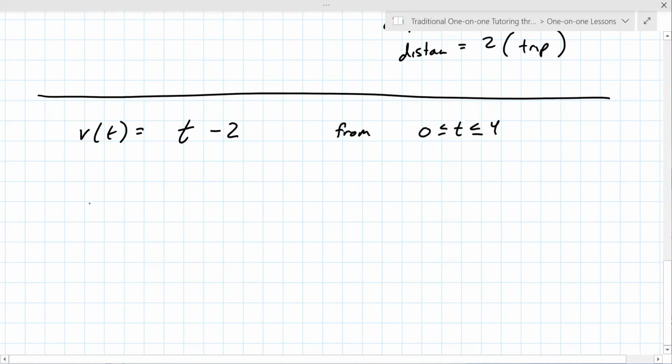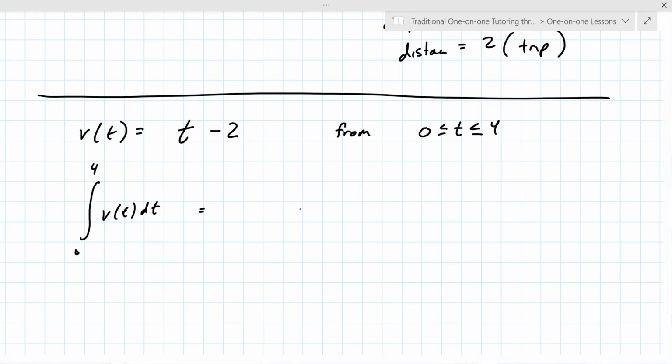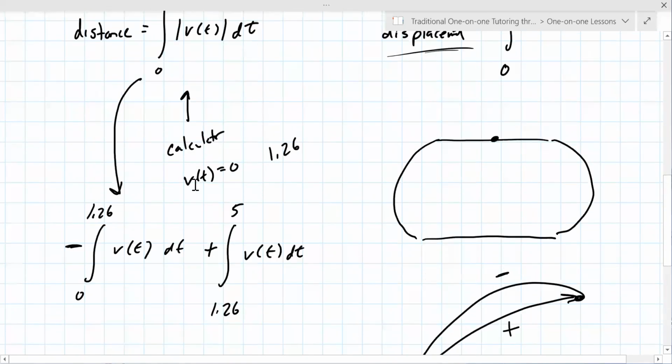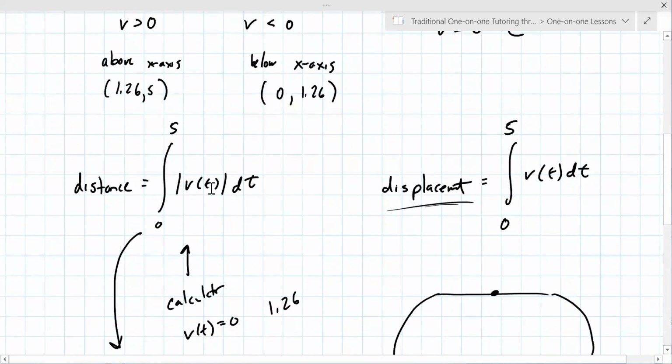Okay, so if I just asked you to integrate v of t from 0 to 4, is this distance or displacement? Distance. No. No, wait. It's easy to confuse the two. So the absolute value is distance. Yes, it's displacement. Displacement doesn't take that into account.